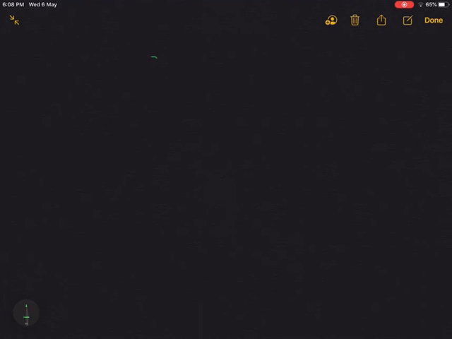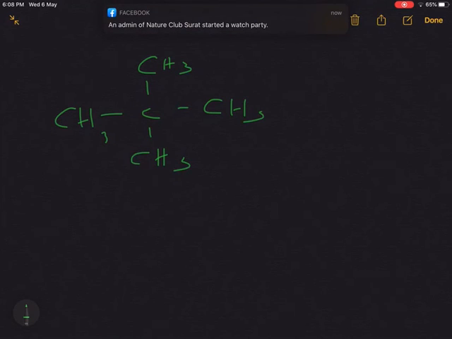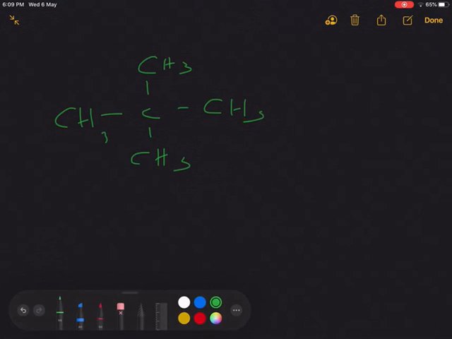Now consider the compound 2,2-dimethylpropane, a pentane isomer. Whatever the name, consider this compound. And what about the NMR spectra of this compound?